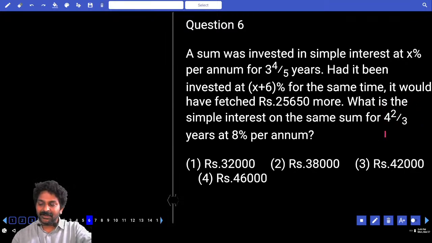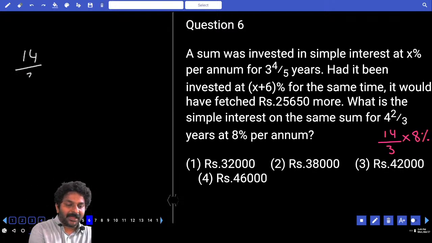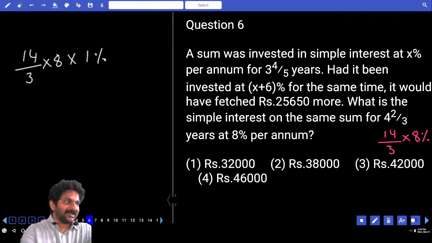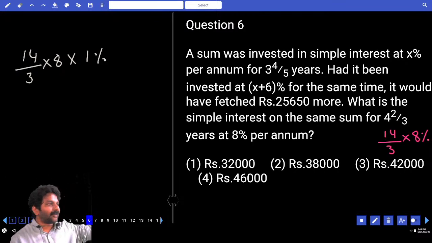Can we convert it to 14 by 3? Per year it is 8%, so for these many years it is going to be 14 by 3 into 8 into the 1% value. Yes or no? 1% we need to find out. I'll tell you how to find 1% a little bit later, but I am done with my answer without finding 1%.